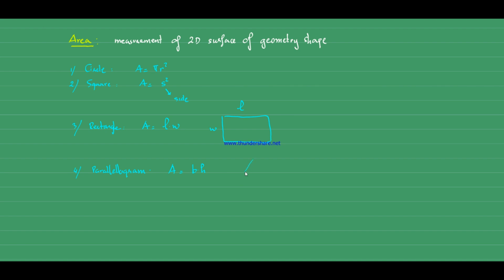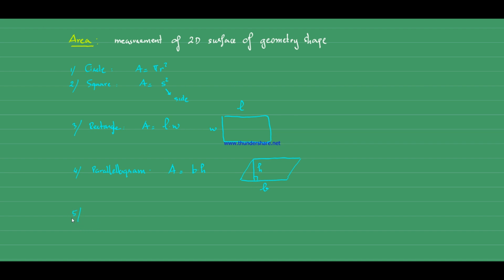The parallelogram looks like this, and this is the height right here, and the base is this one. So you just need to multiply. The base is the side that the altitude is perpendicular to, the height perpendicular to the base.